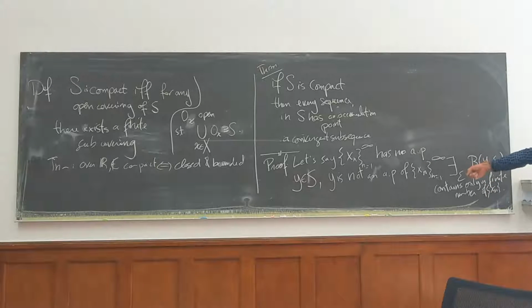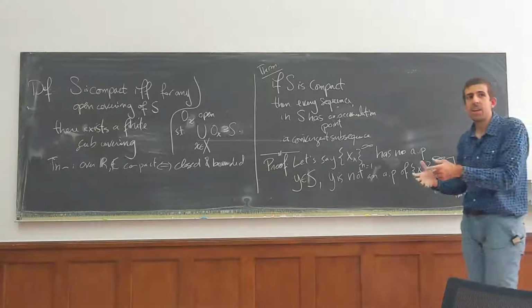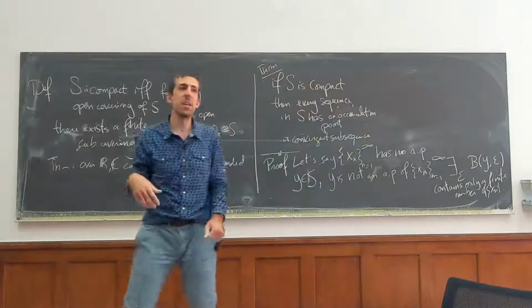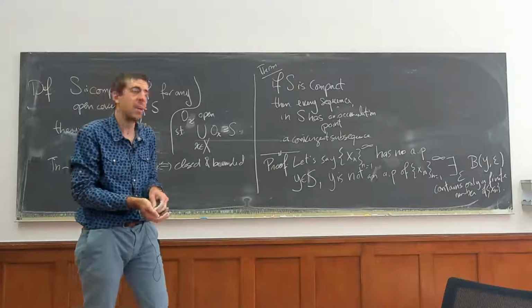Because otherwise, if for all epsilon you always had infinitely many values of xn, then it would be an accumulation point.